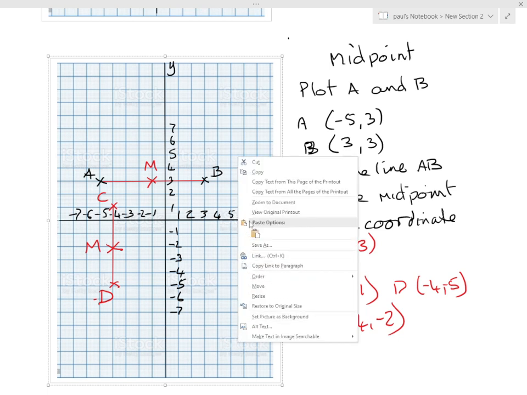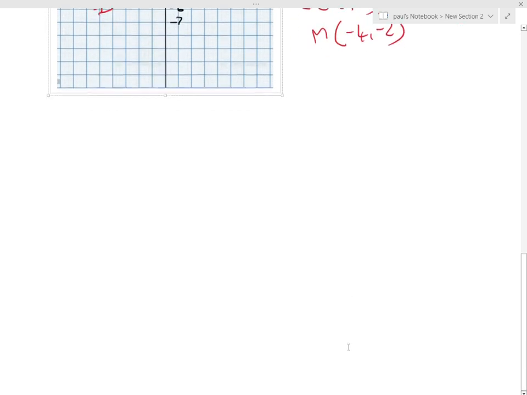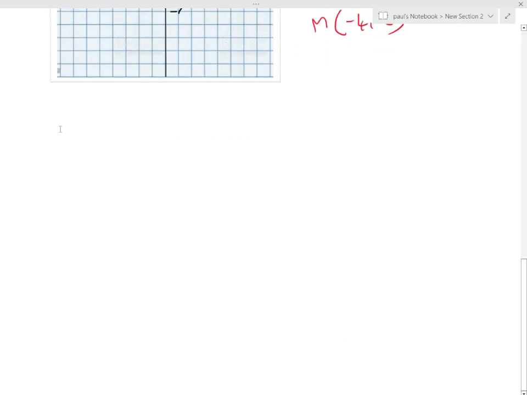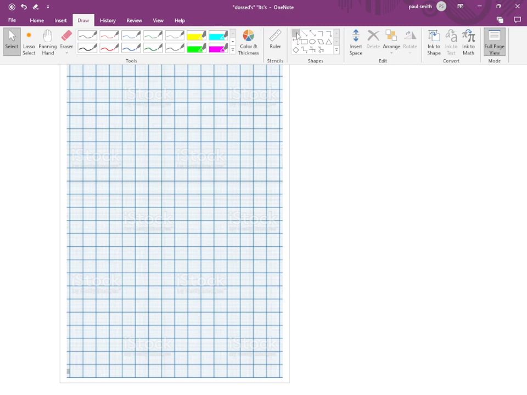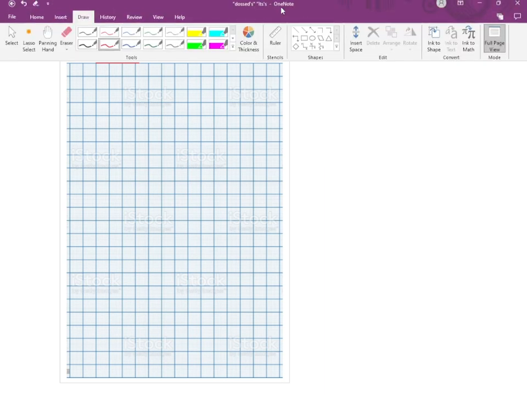I'll copy. Right, what I'm going to do with this diagonal, because I'm just going to use... I just, yeah, don't forget that bit.